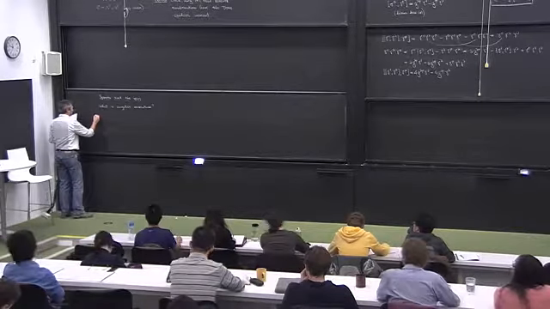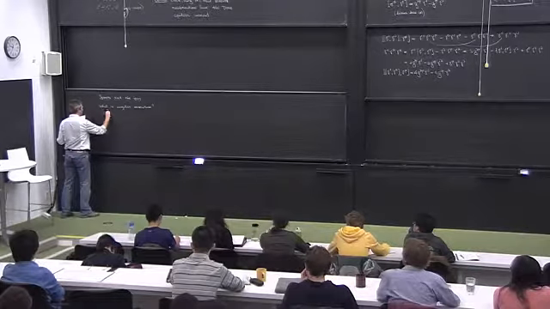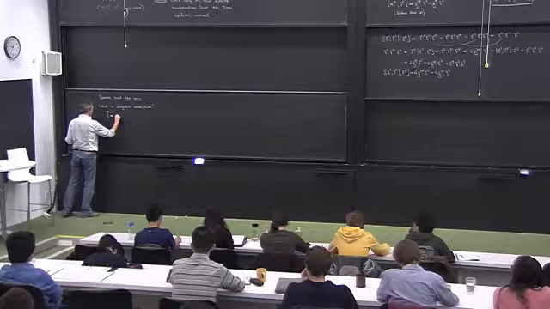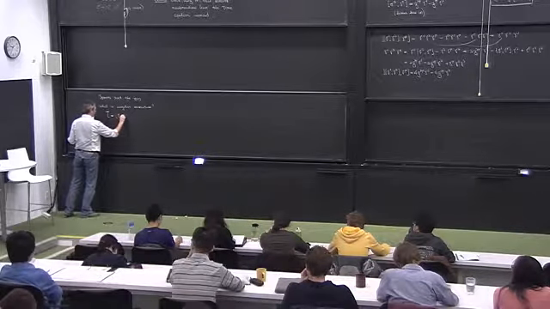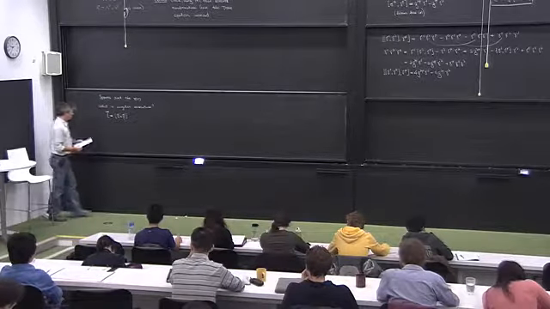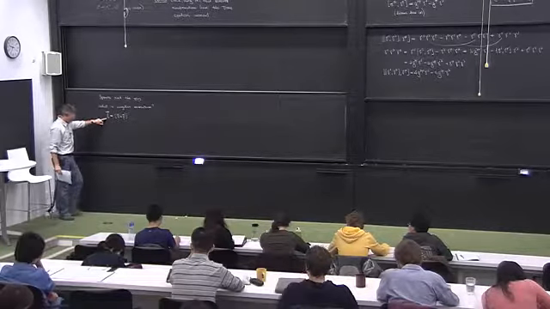In mechanics, angular momentum is just a vector, the cross product of x and the linear momentum p.